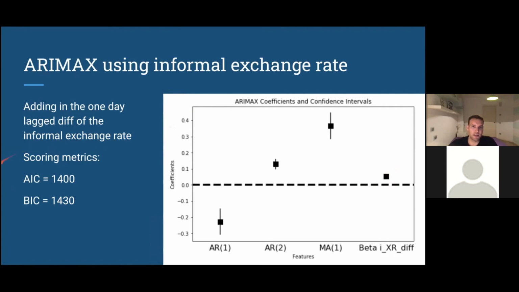You can see here that the scoring is improved upon the base ARIMA model, and that's a good thing. That means it's fitting our narrative that the informal exchange rate may have predictive power upon the exchange rate.